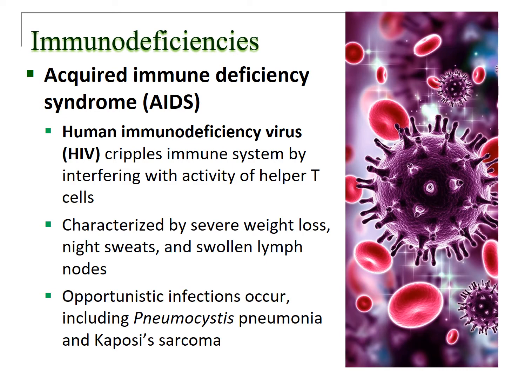So you get a huge underproduction of antibodies and a huge underproduction of cytotoxic T cells. This is the reason why AIDS patients really focus on T cell counts, because it's an indicator of the relative health of their immune system. Some of the opportunistic infections that occur include pneumocystis pneumonia and Kaposi's sarcoma.